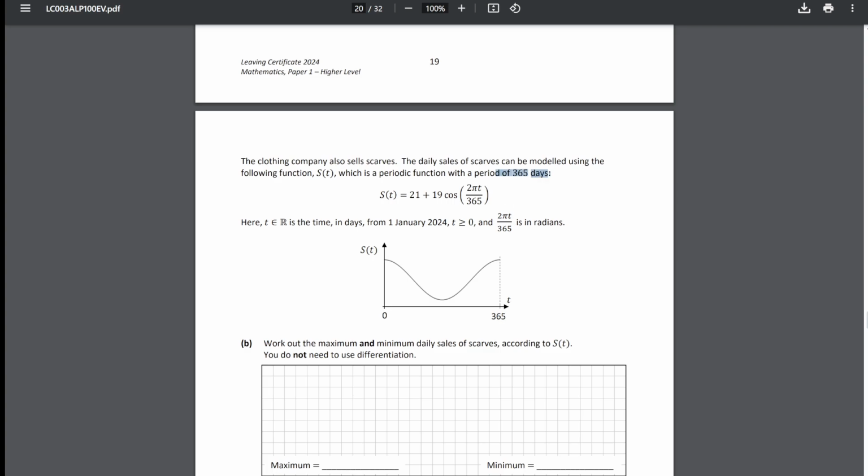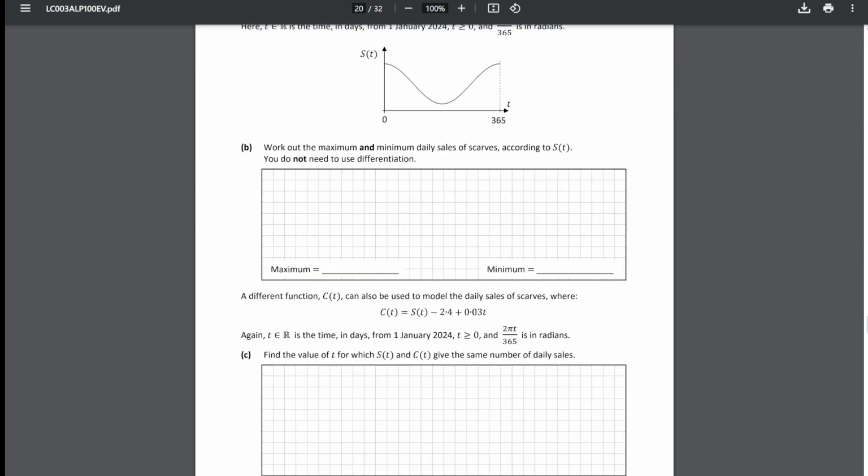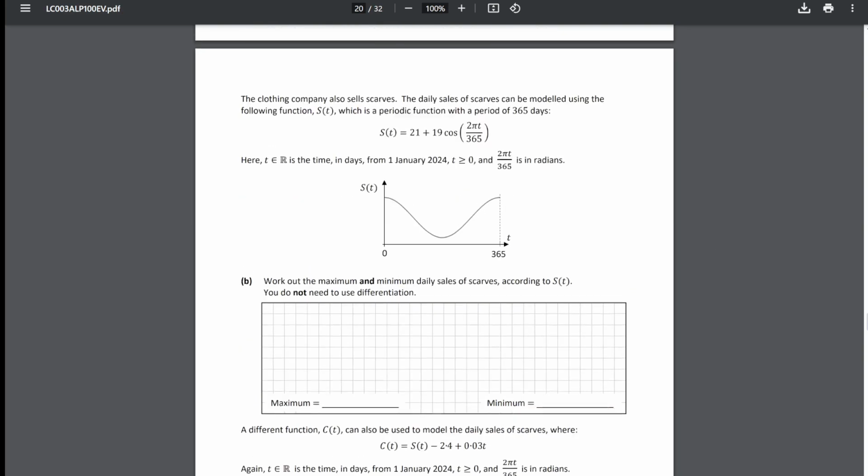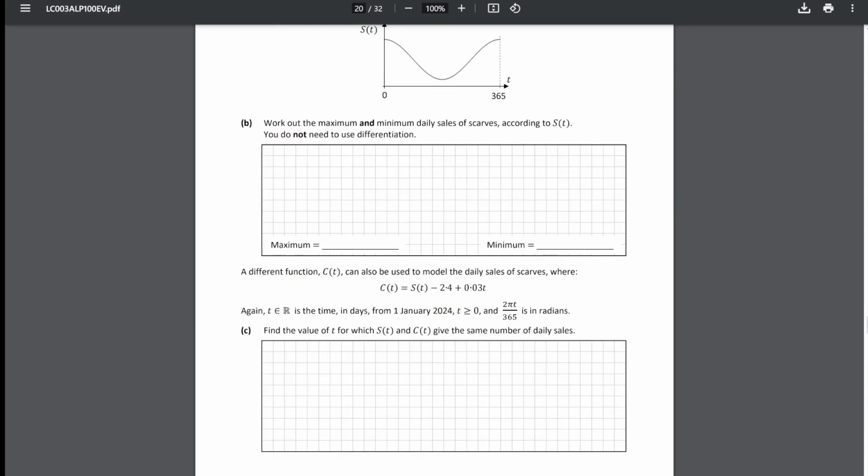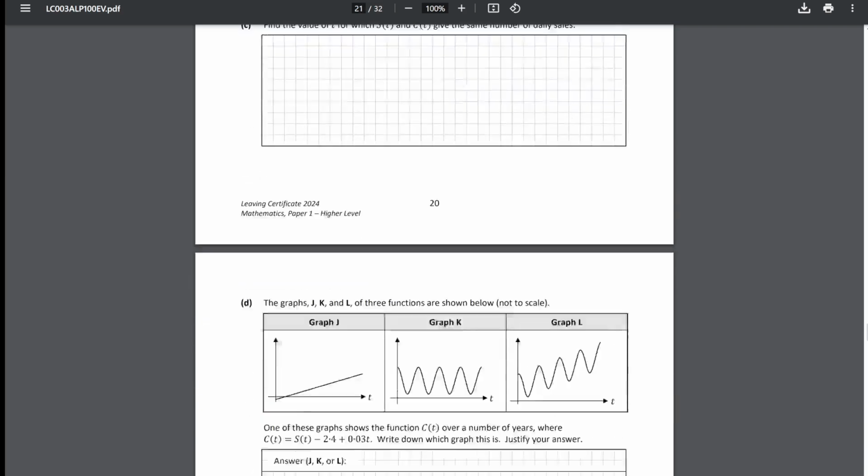So, for instance, it would cycle every 365 days, but that doesn't mean that the height changes. It's still between 1 and -1. So that was okay. Then this question had a bit of weird wording in it because it involved putting a function inside another. So you'd have to put s of t inside of here, and you'd end up getting the s of t's to cancel, which is handy enough.